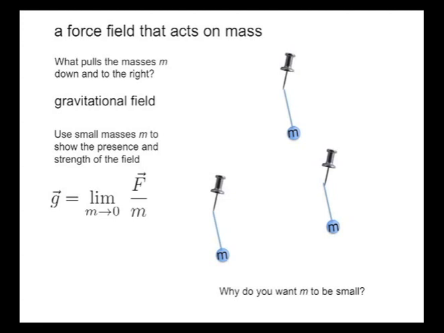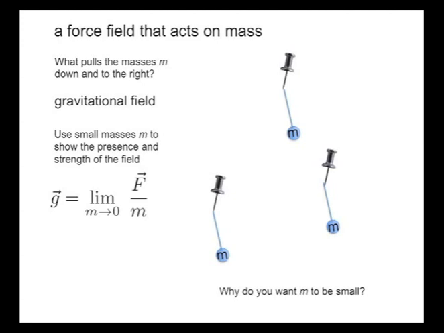You want the test particle to be small because masses are the sources of fields as well as the objects on which fields act. Masses as sources of fields will affect other masses that are producing the field you're trying to measure. If a test mass were too large, its gravitational field would perturb or disturb the masses that are producing the gravitational field you're trying to measure.